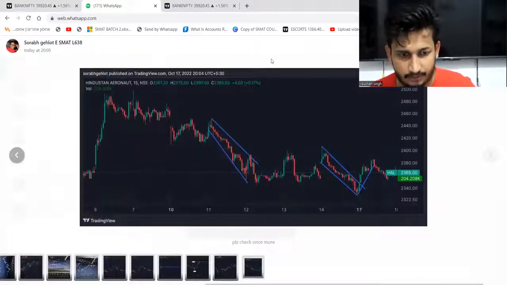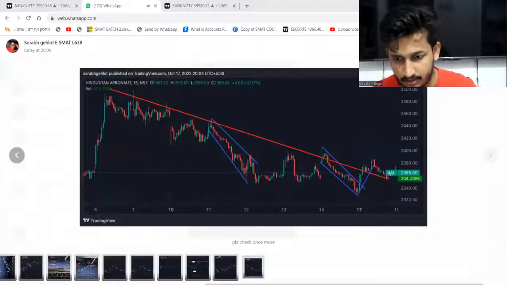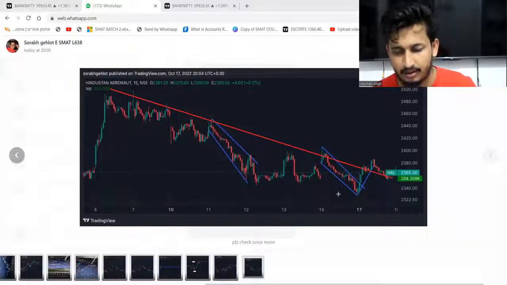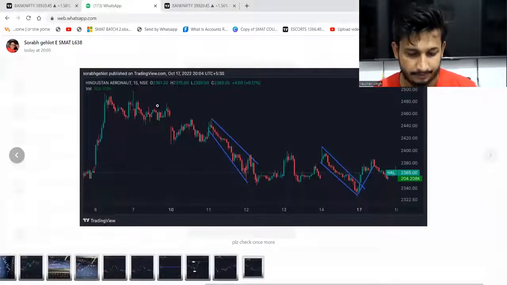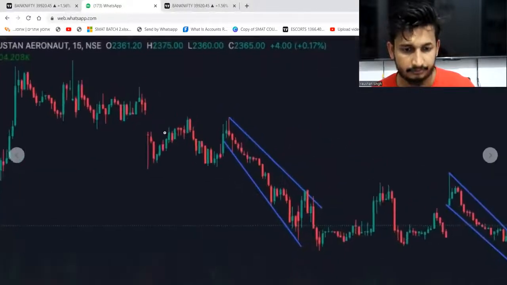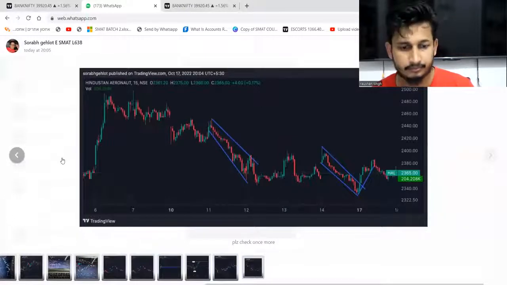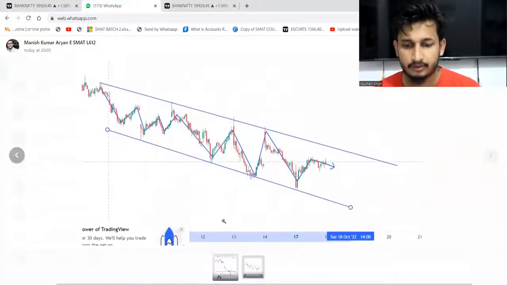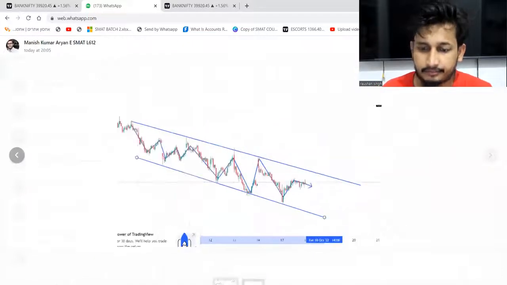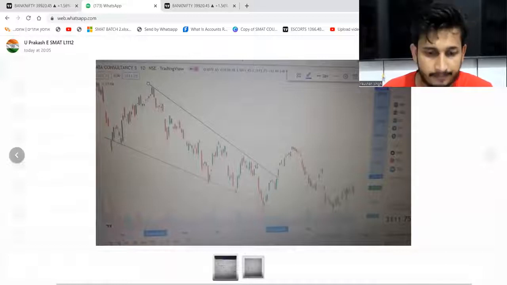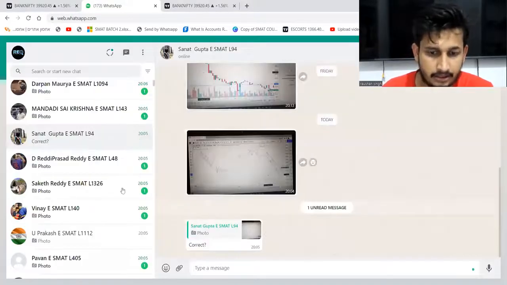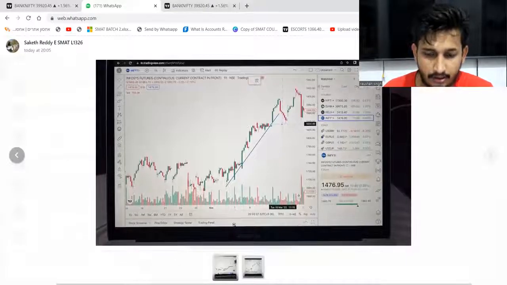Saurabh, if you draw from here like this, it will be much better, like the overall trend. This is also good. Yes, Sanat, correct.